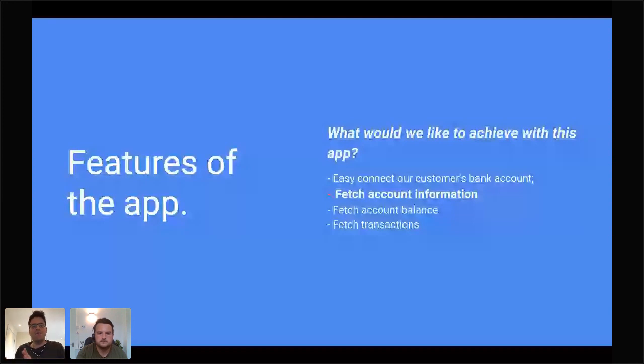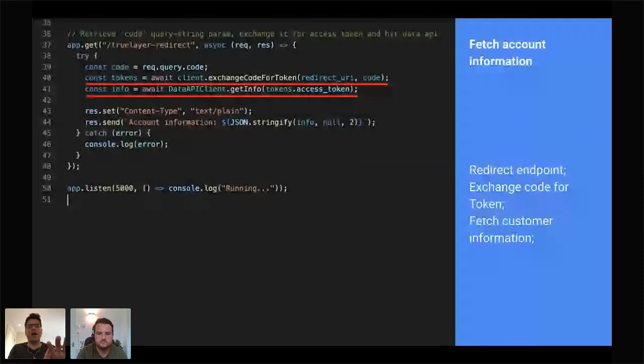And now the first thing that you would like to do is fetch account information. And for that, it's very easy. So what I'm going to do now is create the redirect phase, which is exactly after TrueLayer connects to the bank, they're going to send the customer back to your app. So what happens after the customer signs up in the bank, TrueLayer will literally give you the token, right?